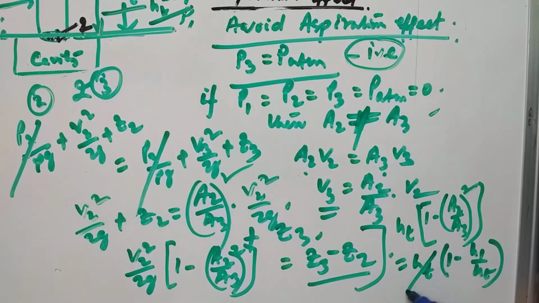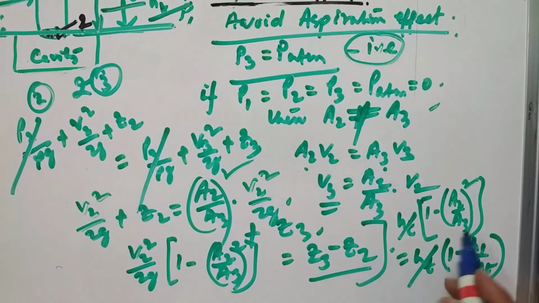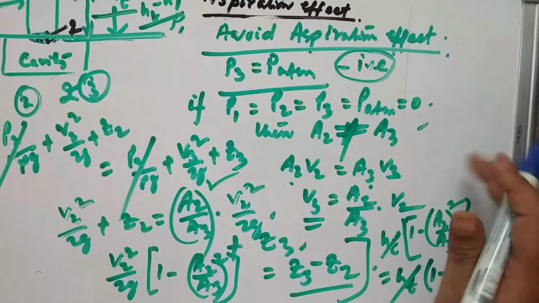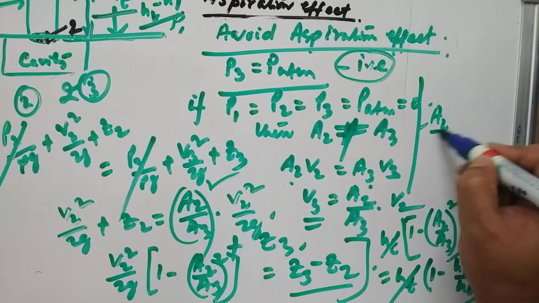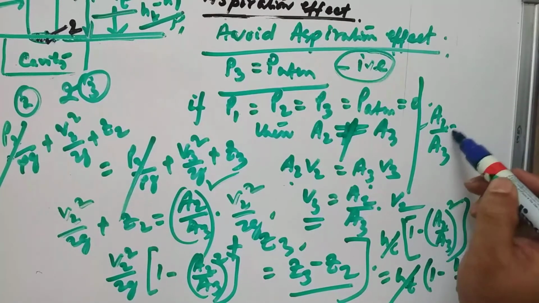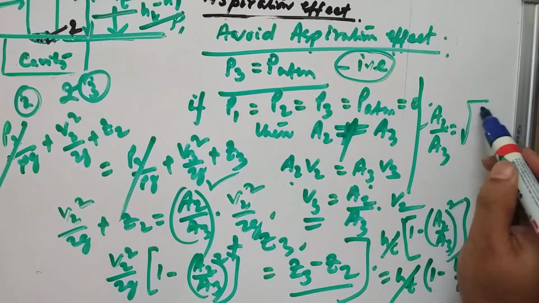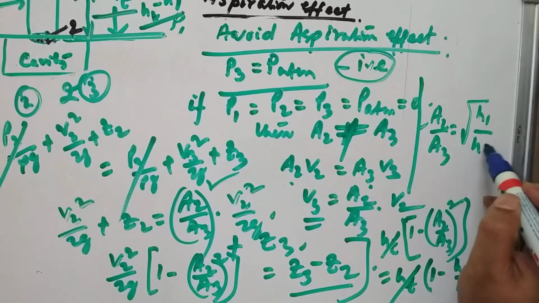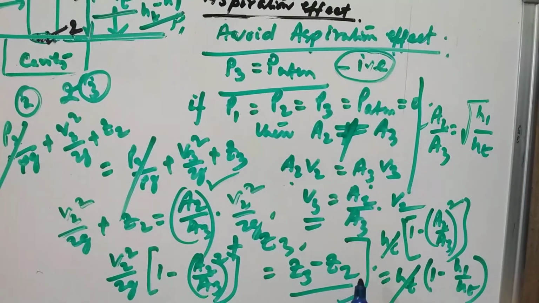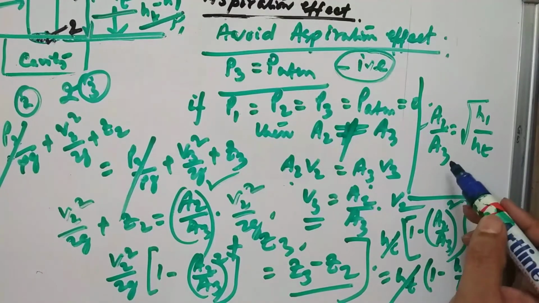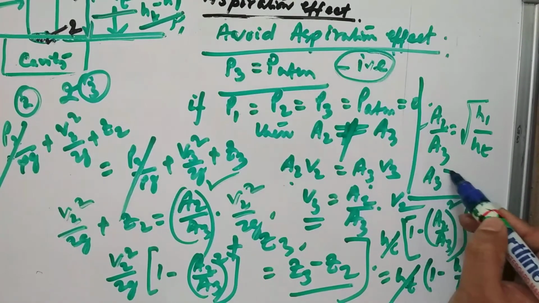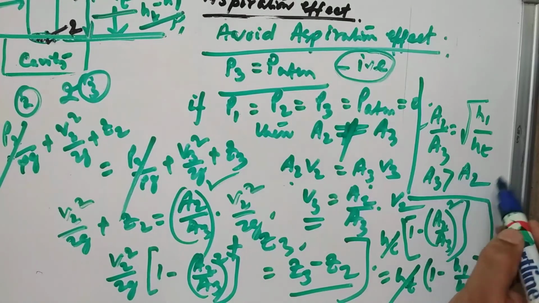Now if you consider these two, they cancel out, and we have A2 by A3 should be equal to root over H1 by HT. Now look, from this condition you can see A3 should be greater than A2.